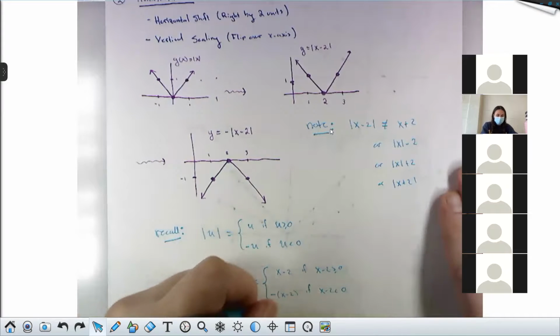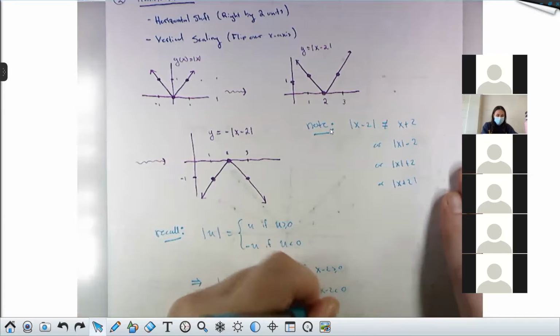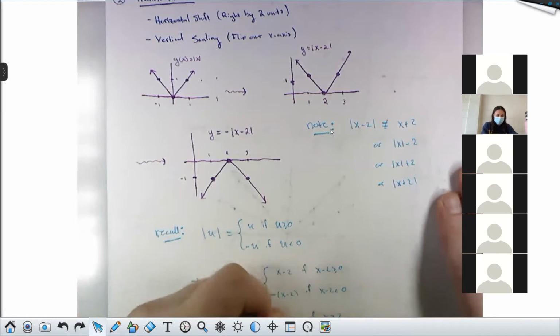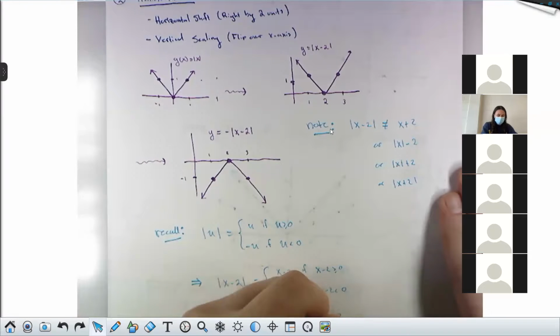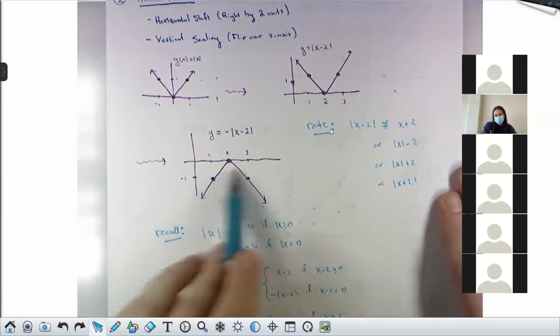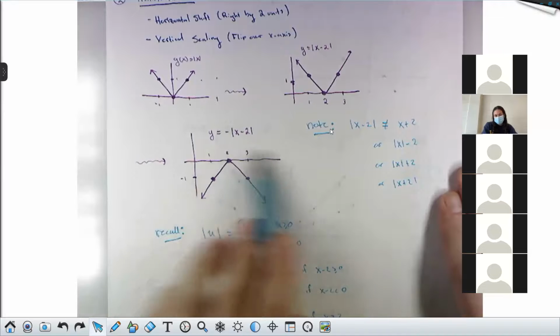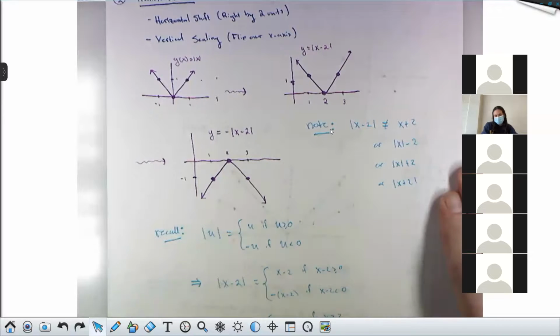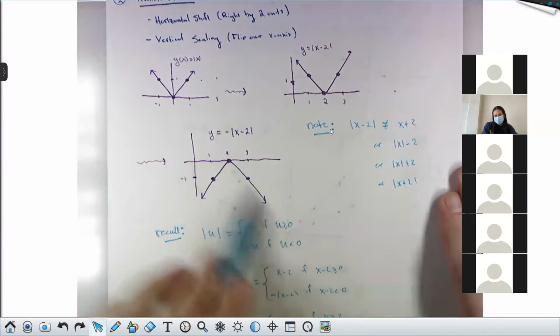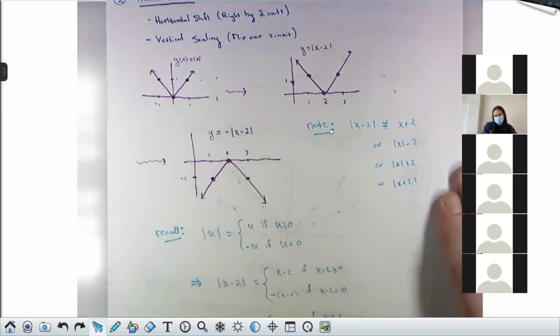And that can be rewritten as x minus 2 if x is greater than or equal to 2, and negative x plus 2 if x is less than 2. And if you look at this graph, to the right of 2, it looks like the function negative x plus 2, slope negative 1, the y-intercept would be up here at 2.